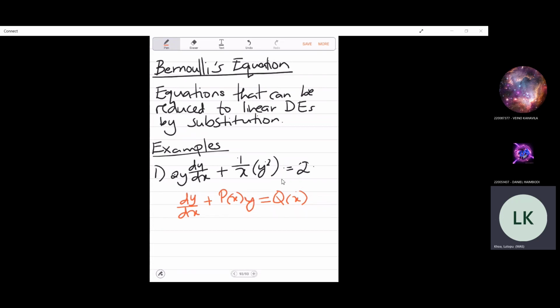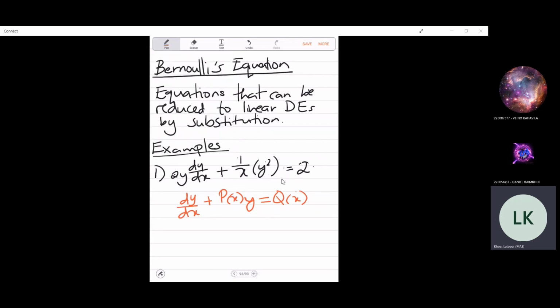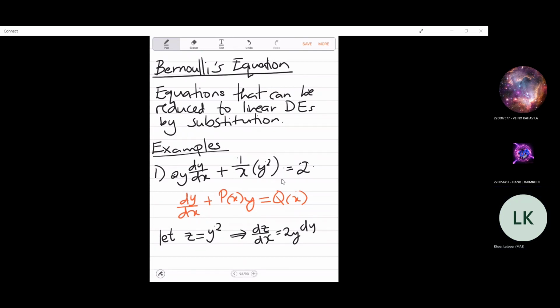But we can actually make a substitution here, and the substitution we make is we say let z equal y squared, and then this means that dz dx is 2y dy dx. So this is the substitution that we make.